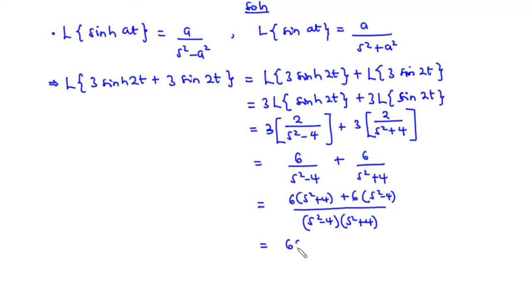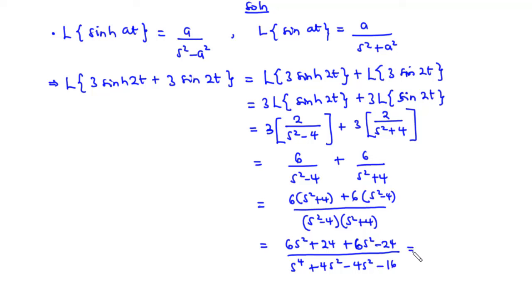So we are going to have 6s squared plus 24 plus 6s squared minus 24, all divided by, now s squared times s squared is s to the power 4. s squared times plus 4 is plus 4s squared. s squared times negative 4 is minus 4s squared. Negative 4 times 4 is negative 16.